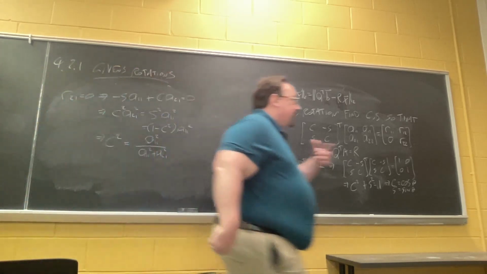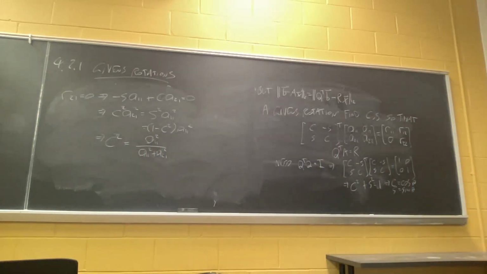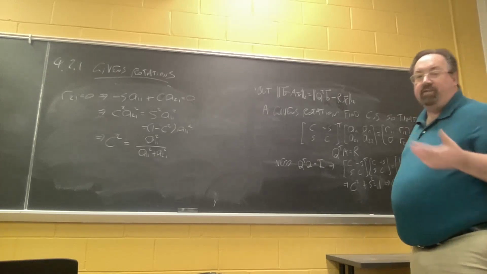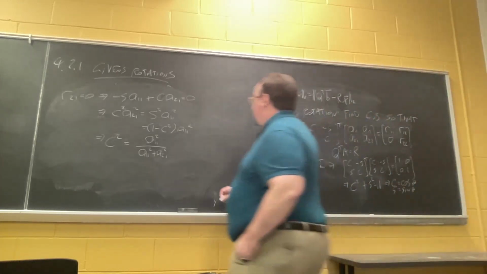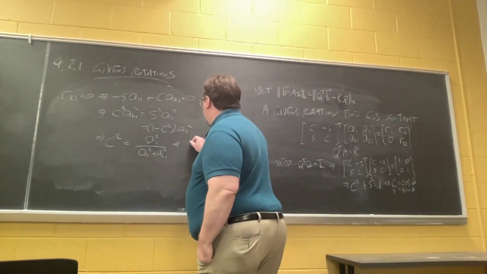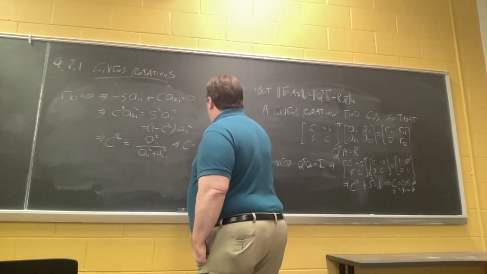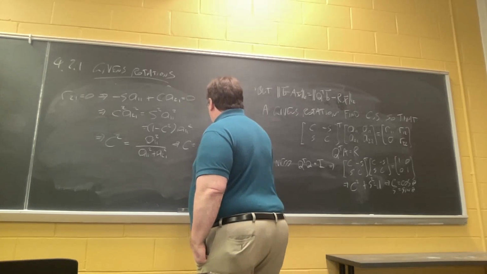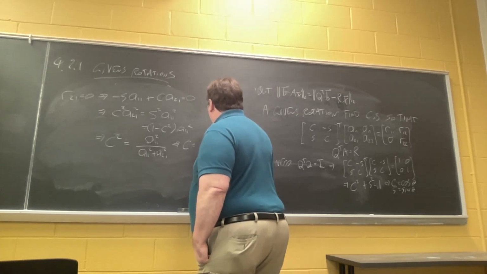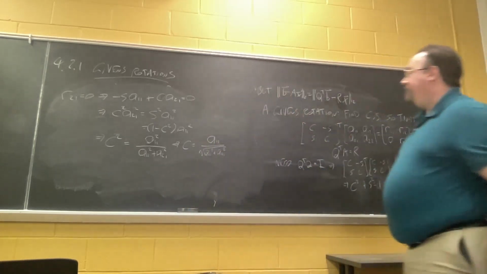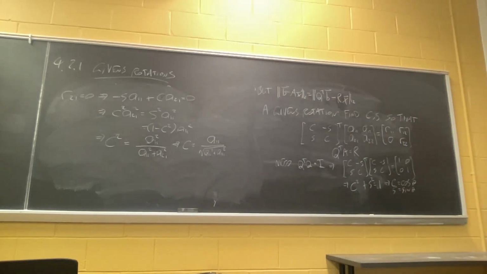Now, if I take a square root of both sides to find C, I have a choice of a positive or negative square root. So I get to just choose a plus sign. So that is my cosine part.